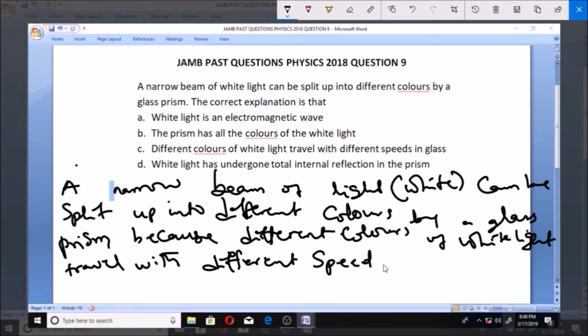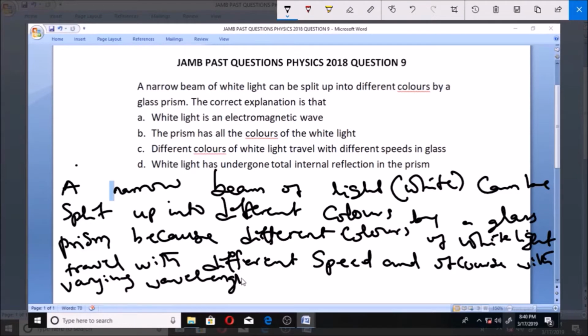So whenever you pass them through a glass prism, you will see that they actually move at different speeds, and you will be able to know that there are different colors. And of course, whenever something is moving with different speeds, you can say it has varying, that is, different wavelengths.